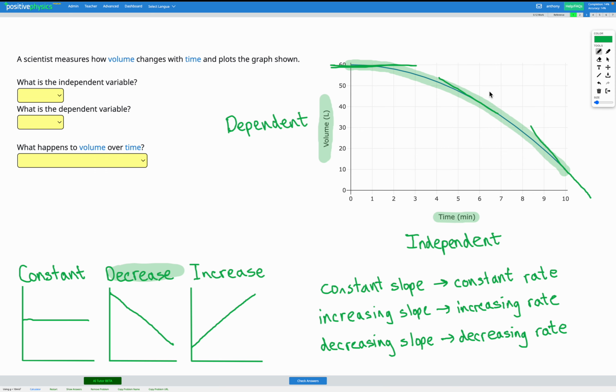So getting steeper means we have an increasing slope. That means we have an increasing rate, which means this thing is happening faster and faster. So our volume is decreasing, and it's decreasing more and more as we go. So it's decreasing with an increasing rate.